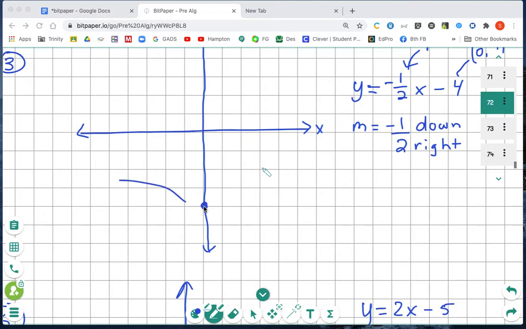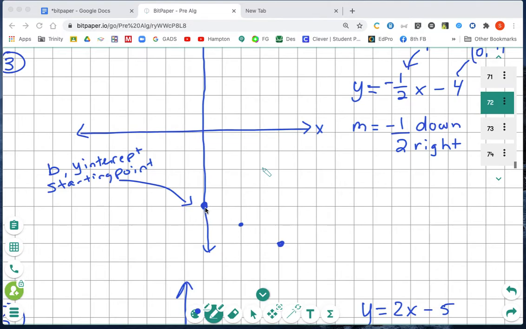So again, this is our b, this is our y-intercept, this is our starting point. Make sure all of those labels are on your notes. Now we're going to use our slope. We're going to go down 1, to the right 2. Down 1, to the right 2.